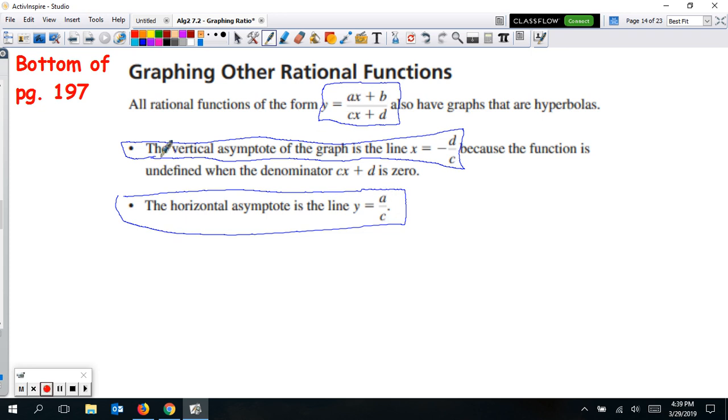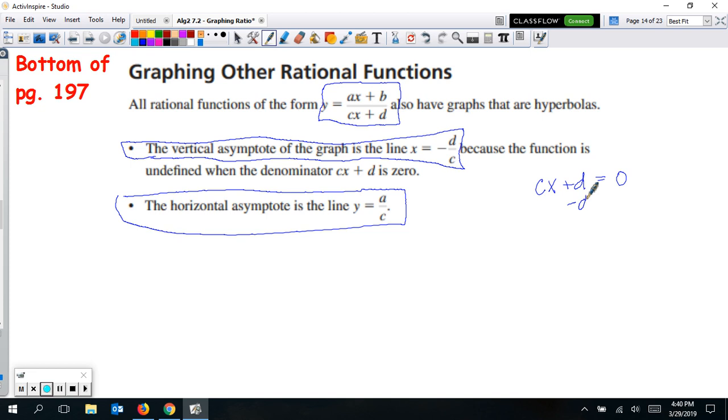So the vertical asymptote, the one that's going up and down, is going to be the opposite of d over c, which actually is another way of saying this. If you took this denominator down here, cx plus d, and you set that equal to 0, and you solved for x, you would get this.